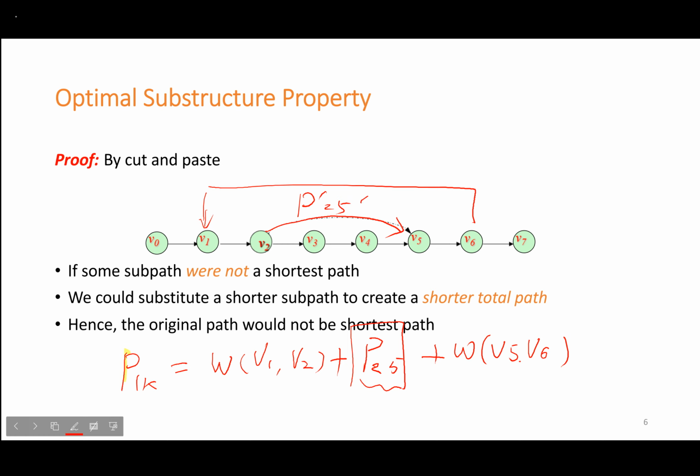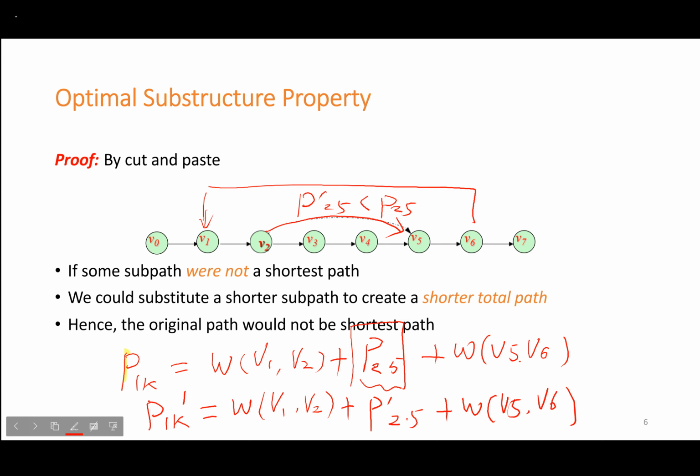Since this is smaller than P25, you replace it. So we have P'1k, which is equal to W(v1, v2) plus P'25 plus W(v5, v6).